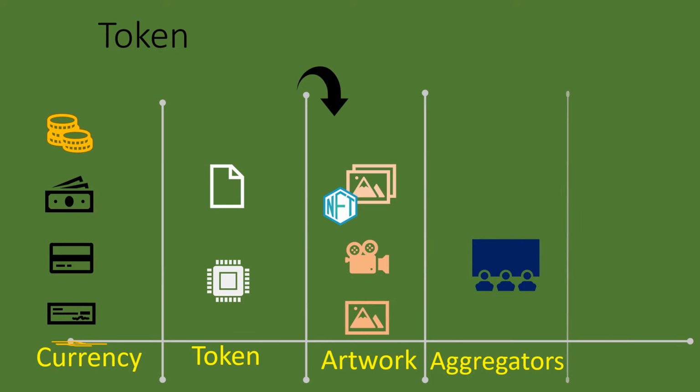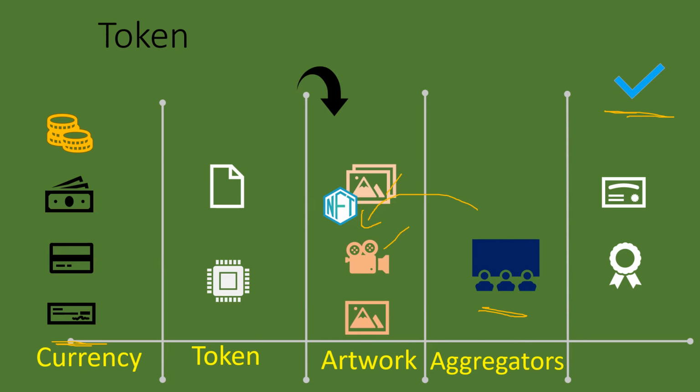NFTs are protected in a digital ledger, popularly known as blockchain technology. The aggregators or collectors will auction or bid for insufficient resources like photos, videos, apps, games, and other digital art. At the time of this recording, physical assets like real estate are not vastly used due to regulatory and federal litigations.